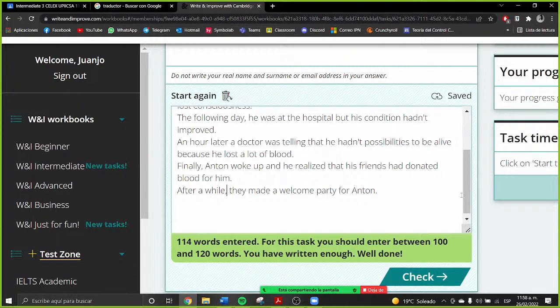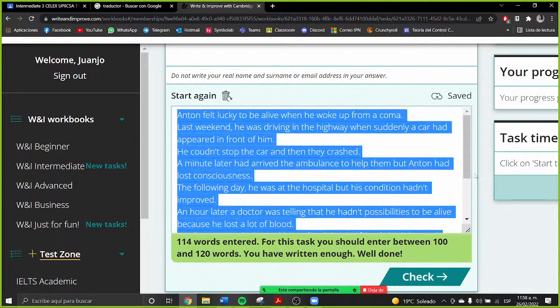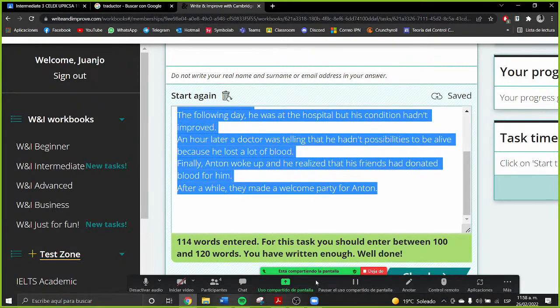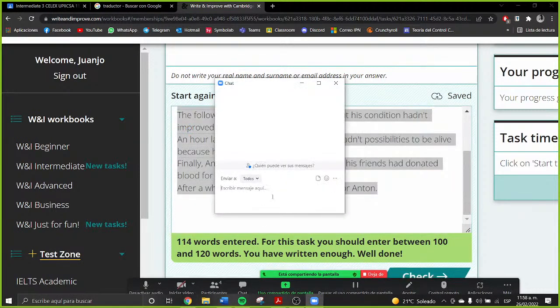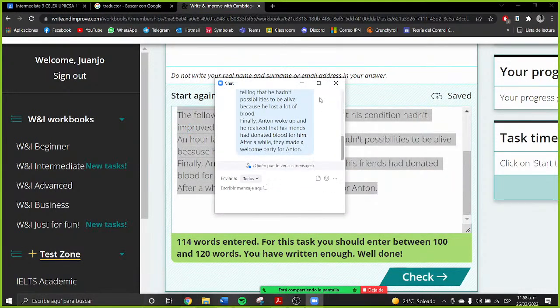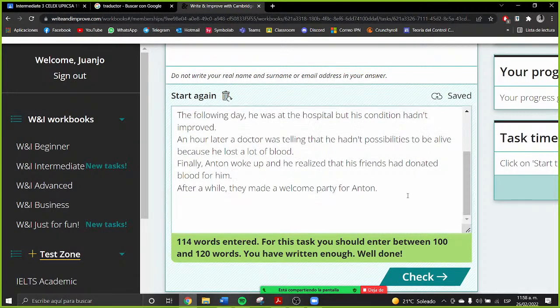Yes. Finally. ¿Lo vamos a copiar también nosotros? Sí, se los mando. Ok.